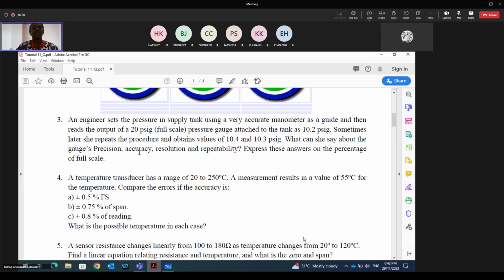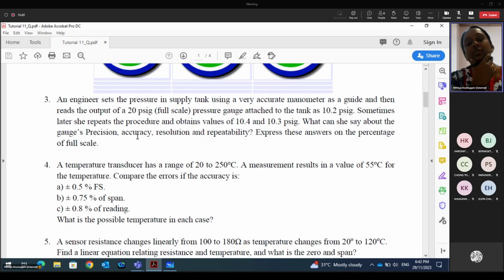Sometime later she repeats the procedure and obtains values of 10.4 and 10.3, meaning the readings from the pressure gauge are 10.2, 10.3 and 10.4. What can she say about the gauge precision, accuracy, resolution and repeatability? Okay, express these answers as a percentage of full scale.